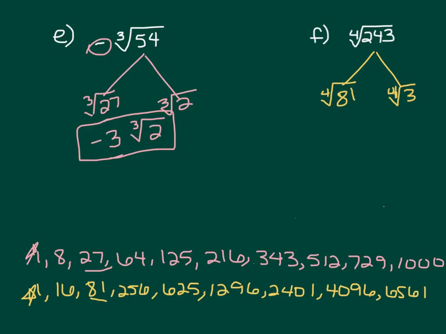The fourth root of 81 is 3, and then this one can't be simplified. That one stays under the radical. Notice the way that I always write it: the first one is the perfect square, cube, or fourth that will come out of the radical, and my second one is always the one that stays under the radical.